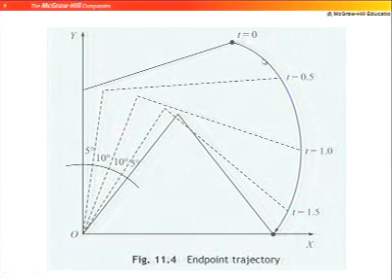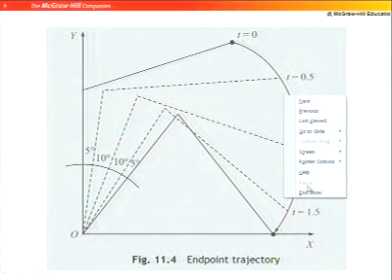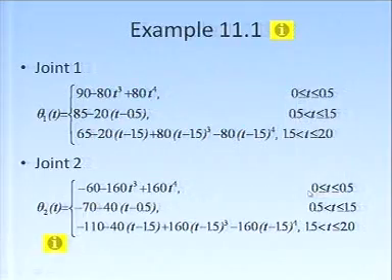So, in welding I want to control that at t equal to 0 it is here, maybe at 0.5 it is here, at 1 it is here, at equal distance. So, if you want to do it in equal distance, you better do the trajectory planning in Cartesian space, which is my next slide.